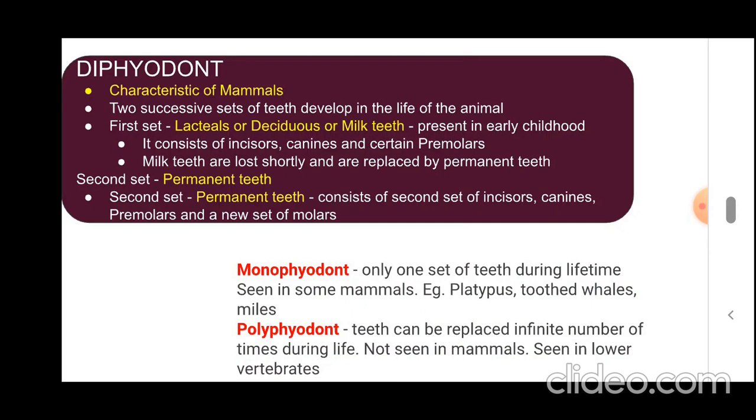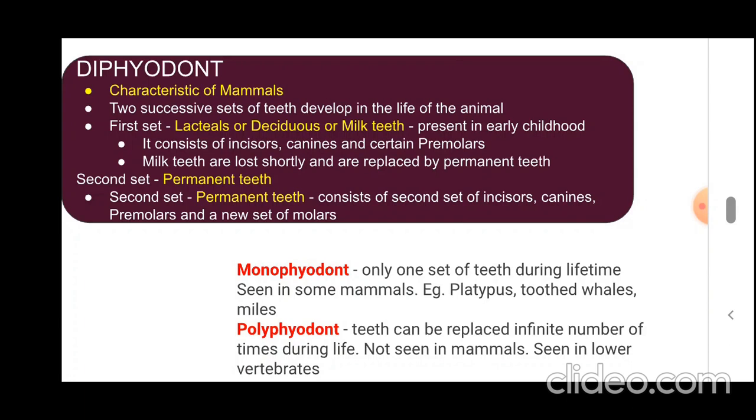It consists of incisors, canines and certain molars. Sorry, premolars are not present in humans. In other animals premolars may be present, but in humans it consists of incisors, canines and molars.